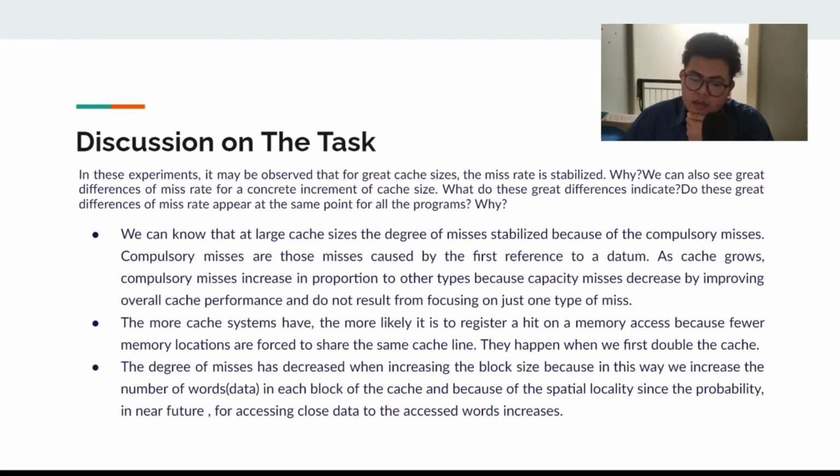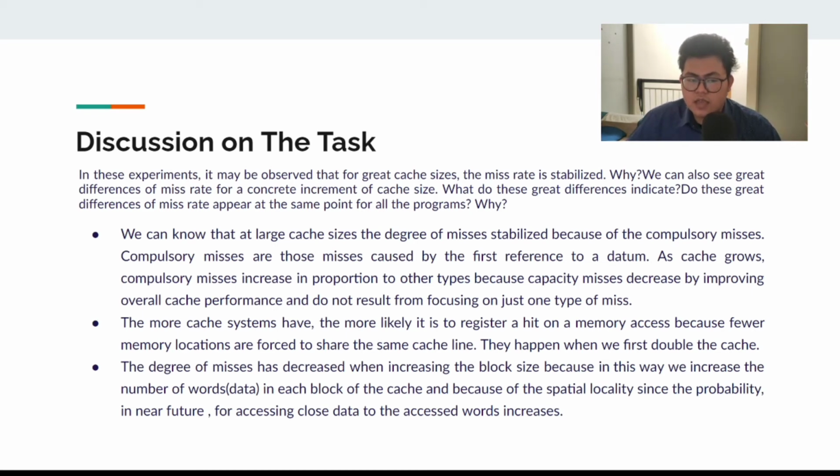First, at large cache sizes the miss rate stabilizes because of compulsory misses. Compulsory misses are those caused by the first reference to a datum. As cache grows, compulsory misses increase in proportion to the other types because capacity misses decrease, improving overall cache performance.